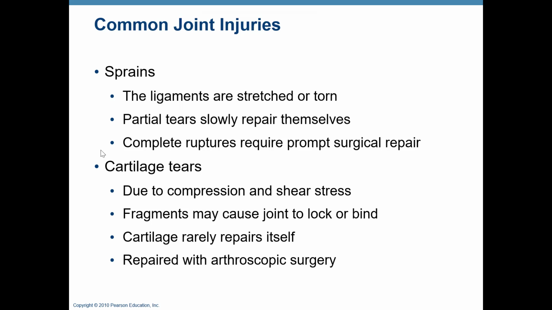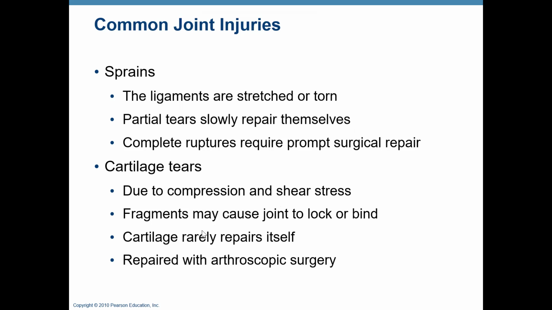Now, don't forget cartilage. Remember, it's avascular. There are no vessels in cartilage. They're getting their oxygen and nutrients from surrounding tissues. So if cartilage is damaged, it's not likely to regenerate in adults. So here, due to compression and shear stress, fragments may cause the joint to lock or bind.